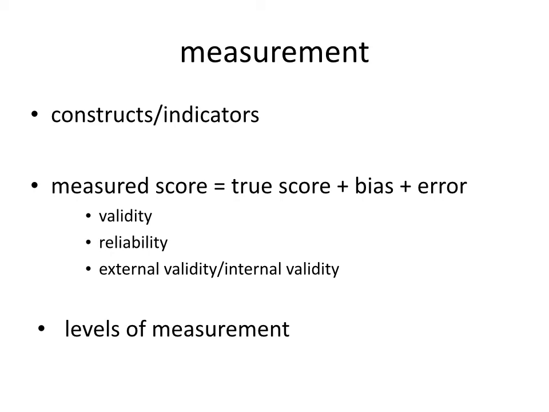But they come up here because the term validity is used. External validity has to do with the confidence with which you can generalize the measure or the effects outside the study. And internal validity refers to the extent to which you can generalize the effects inside the study.